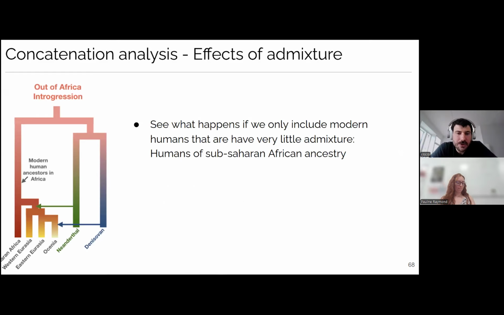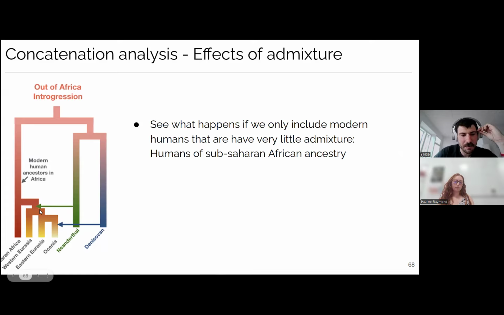Finally, we wanted to see what happens in our iterative analysis if we are only allowed to use modern humans that have traditionally very little admixture from other archaics. So these are humans of sub-Saharan African ancestry. And here is a quick plot showing why we use them. So the theory says that modern humans exited Africa a couple of dozens of thousands of years ago.